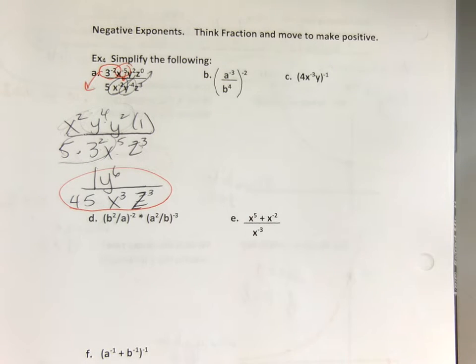All right. Now, on B, probably the easiest, there's a couple ways to do B. I think the easiest way to do B is just to multiply exponents first. And then I'll get an a to the positive 6, b to the negative 8. I'll do that first and then I'll move them. Okay? That might be the easiest way to do it. So let's go ahead and do this.